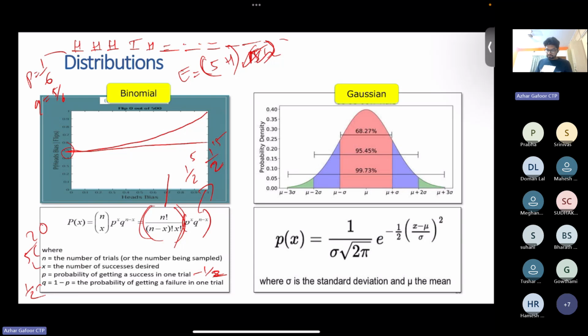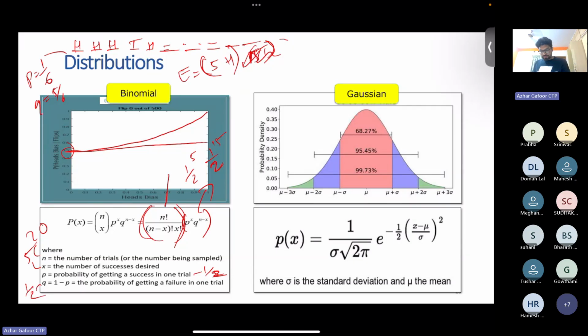Now coming to continuous distribution, we cannot know the exact probability like we have defined now for the binomial case. So it's always in a range.